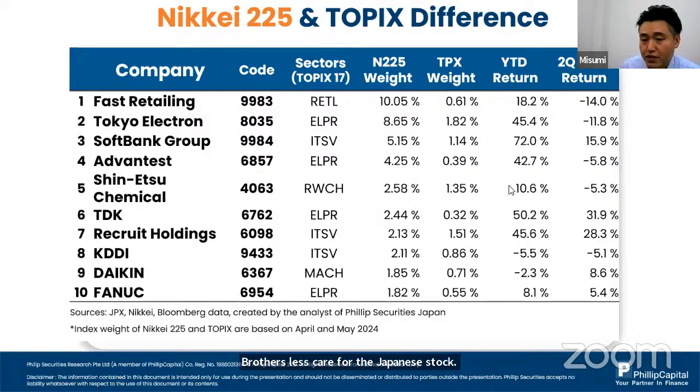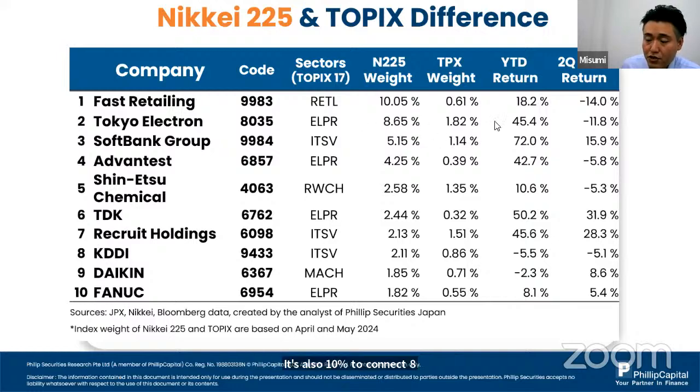So I have to explain why the Nikkei and TOPIX are so different. I was talking about this in the last quarter. This is the first, with the highest weight in the Nikkei 225. Maybe you know that Uniqlo is the brand of the company Fast Retailing, and it's also 10%. Tokyo Electron is 8.65%.